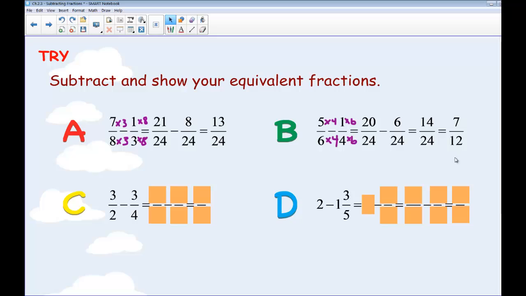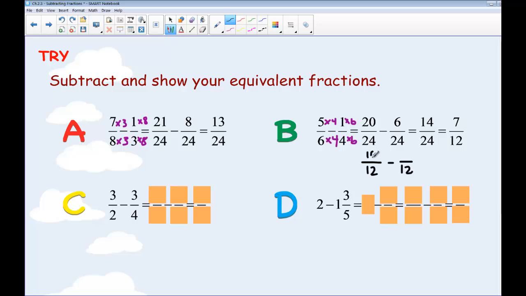Now had we used 12 initially as our common denominator, let's see what happens. We would have had 12 on the bottom here, minus, this one would have been a 12 as well. If we take the 5, we would have had to double it.